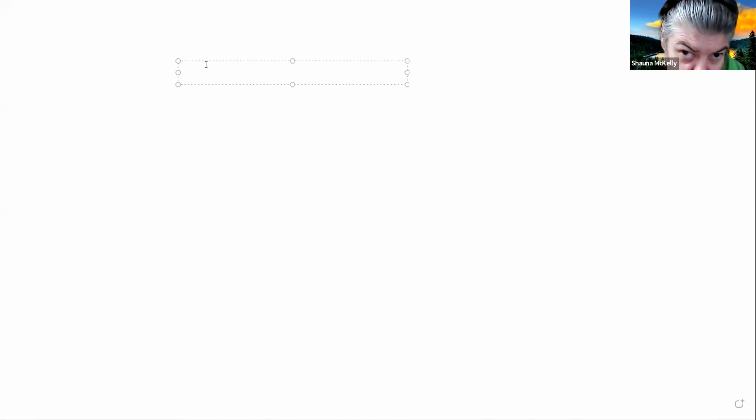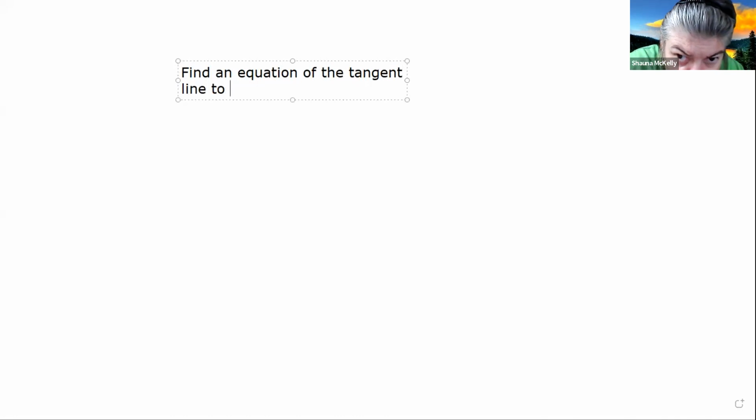So find an equation of the tangent line to f of x equals the quantity of ln x to the 5th power at the point where x equals 6.